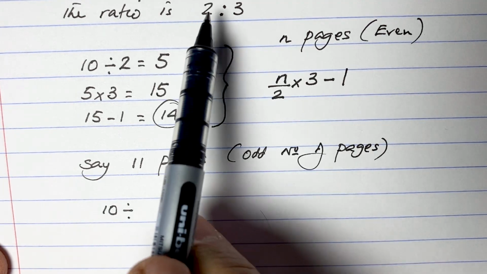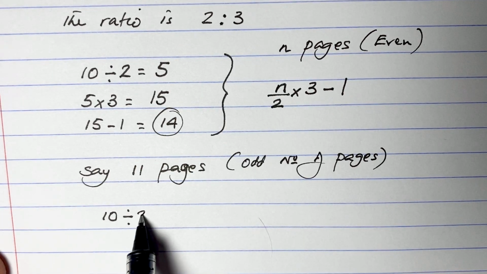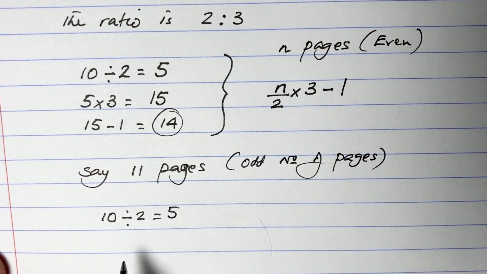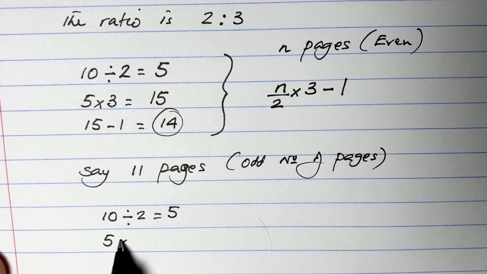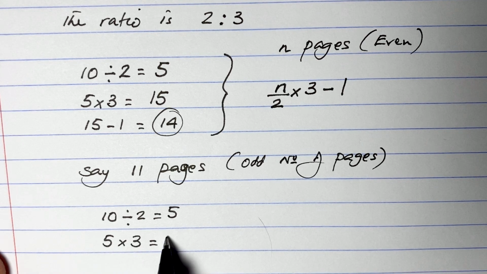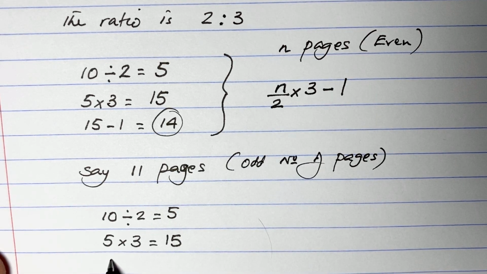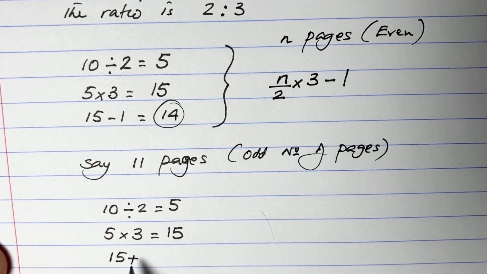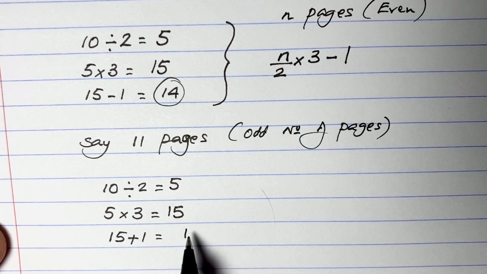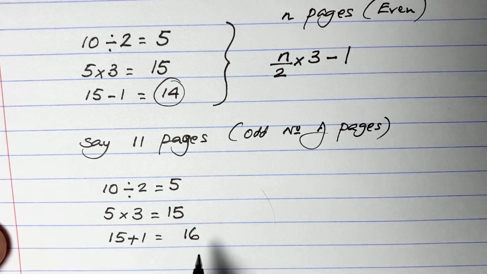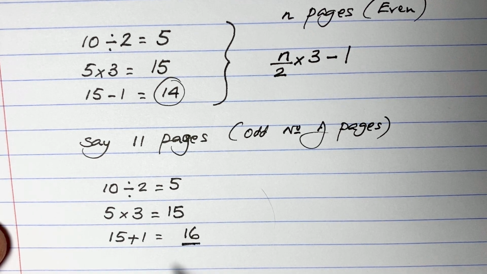Again, since it's the ratio of 2 to 3, divide by 2, multiply that number by the second ratio, which is 3, and now because I used the previous number, I'm going to add 1 to my number. So the 11th page would be numbered as 16.